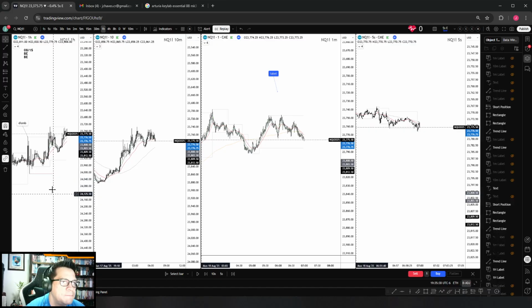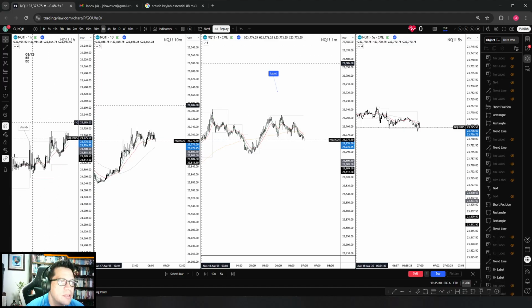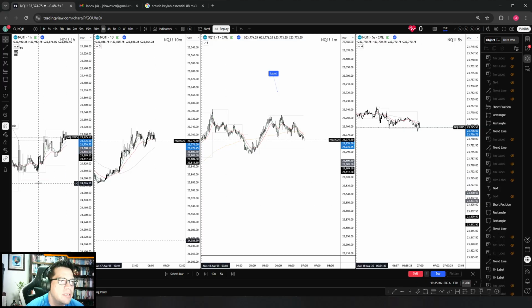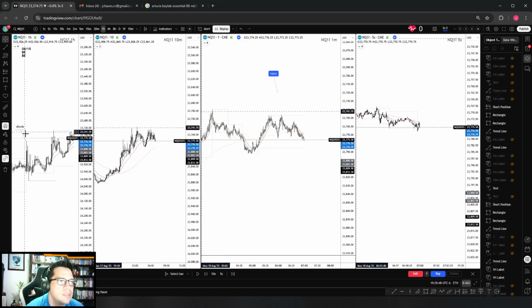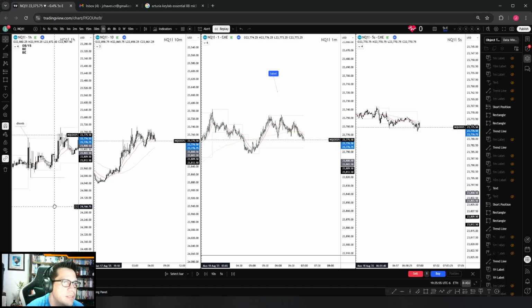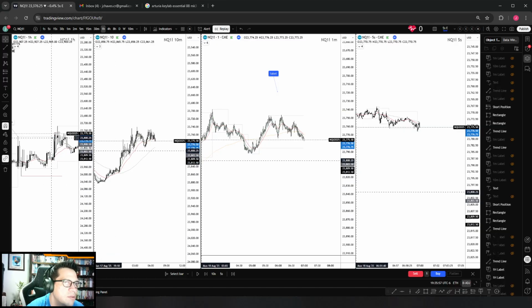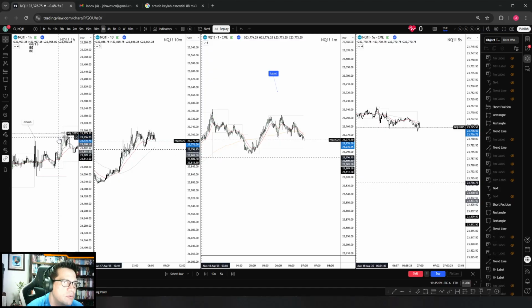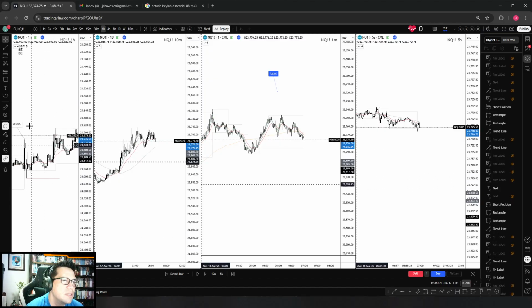So what we saw here, we basically discussed this earlier on the Friday session. We were basically looking for a validation of this distribution MB and a continuation here to the downside. Instead, we had the validation of this distribution MB through this candle, but no follow through here through this high.